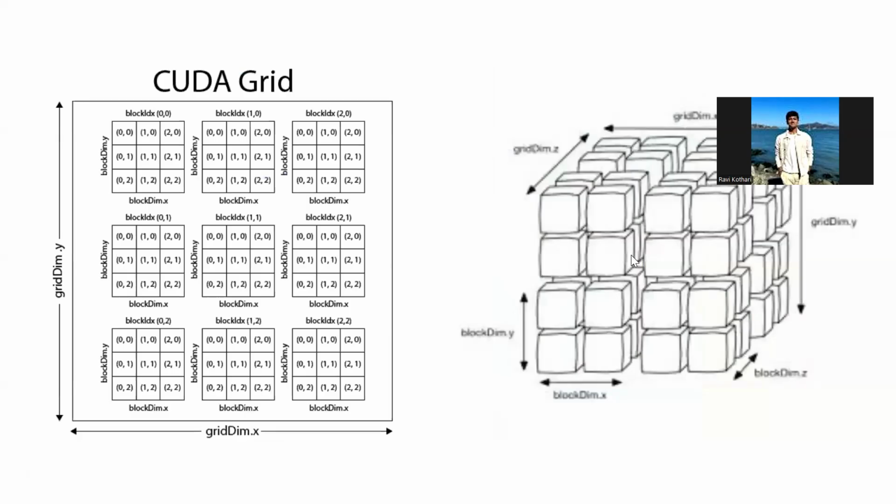This is a CUDA grid representation, wherein grid dimension y represents the number of blocks that we have in the y dimension of a grid, and grid dimension x represents the number of blocks that we have in the x dimension. Now we can see that we have 3 blocks in the x dimension and 3 blocks in the y dimension.